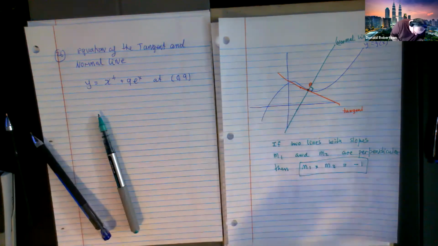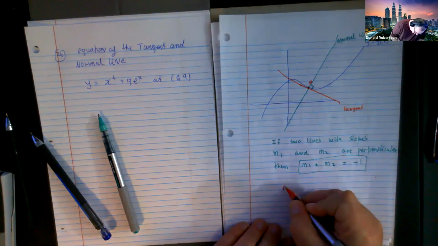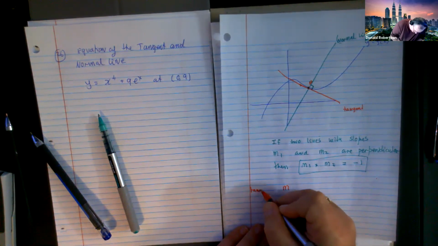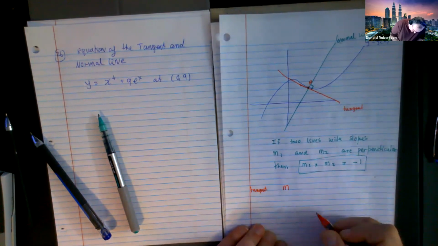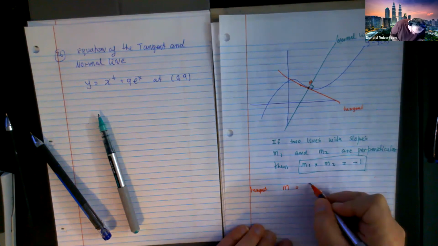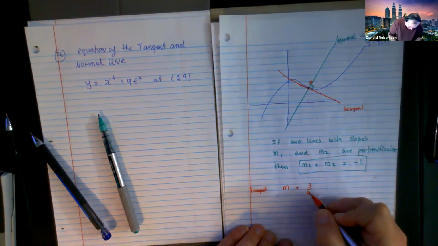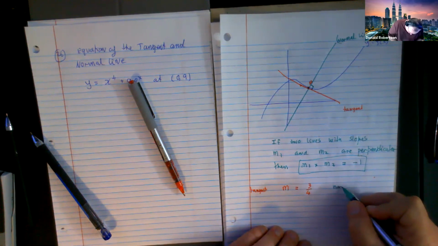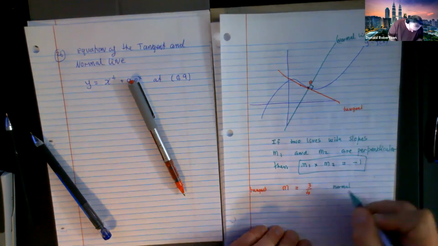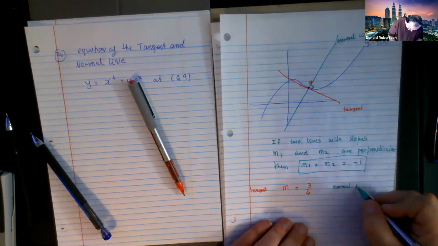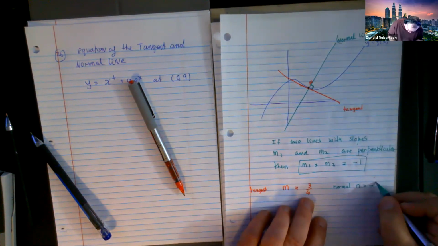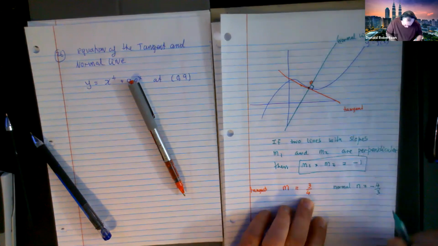So, for example, if I tell you that the tangent line has a slope of 3/4, then the normal line, which is perpendicular to this guy, we'll call it n, it's going to be -4/3.